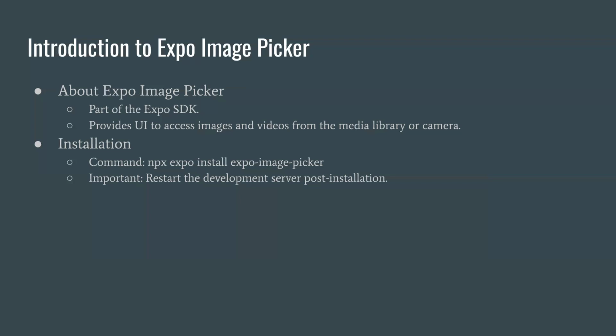In order to use Expo Image Picker, you'll first need to install the library. Given that you already have an Expo project on your computer, you probably need to open your terminal, and if you have the development server running, you may need to stop it and run npx expo install expo-image-picker.